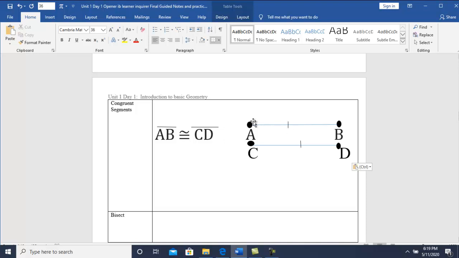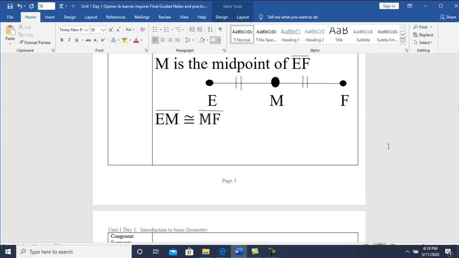Just remember there's no arrows associated with this. This is a symbol called congruent, and these two are line segments. And then the last term, which is bisect.